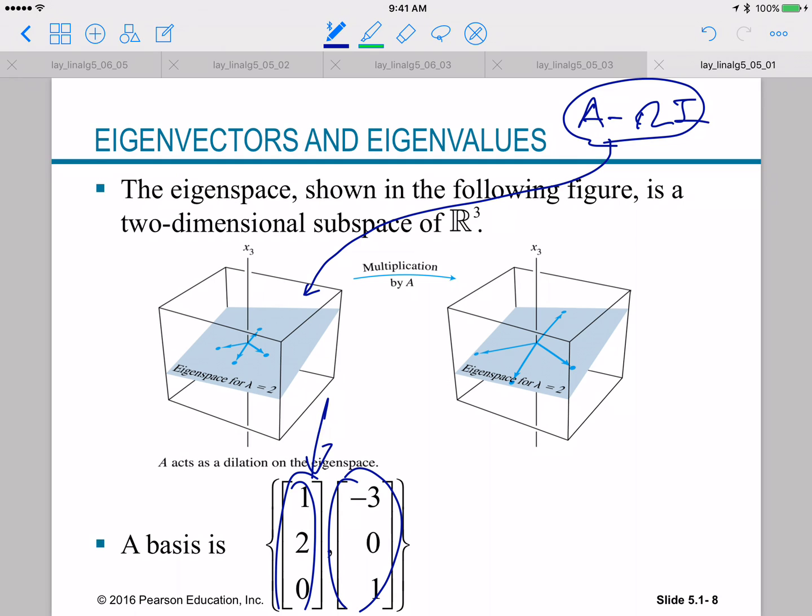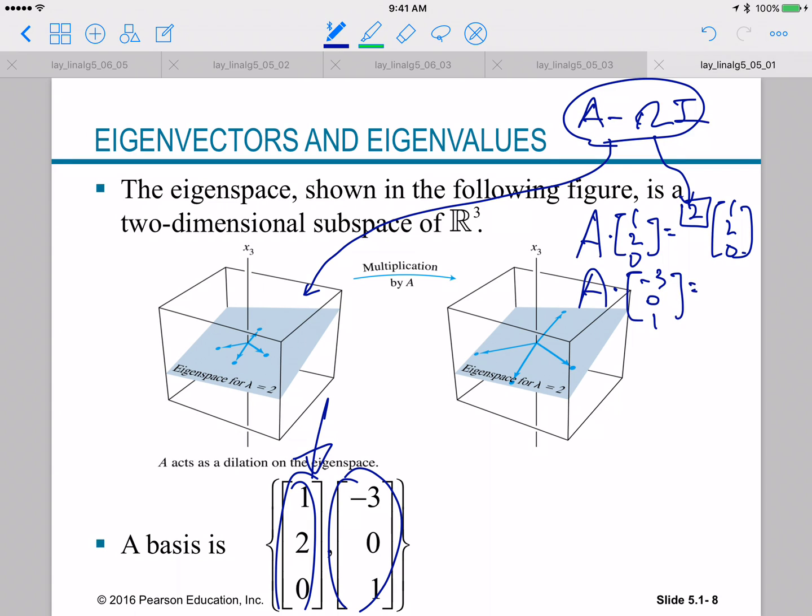If you choose this vector and multiply A times (1, 2, 0), it should give 2 as an eigenvalue times (1, 2, 0), right? So that should be true. And also A times (-3, 0, 1) should give 2 times (-3, 0, 1). It should also be true. So you can easily verify it, right?